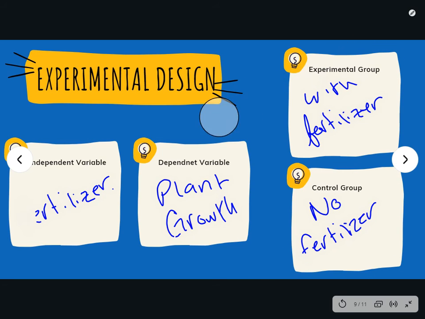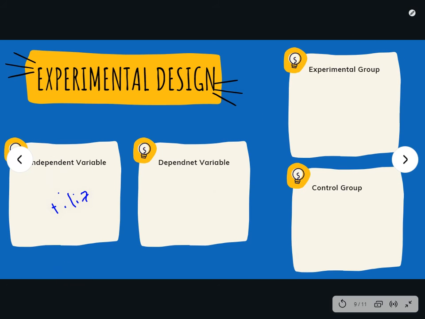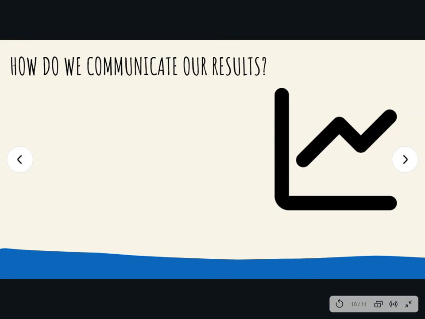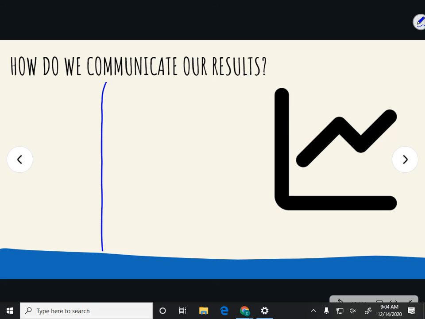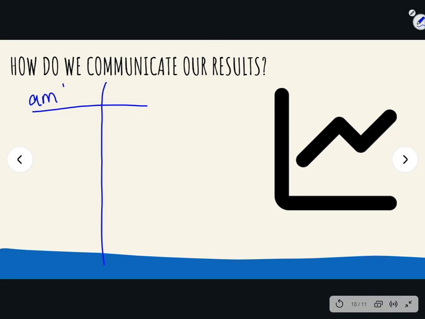We've carried it out, and now we have our data, right? So we have, let's say, the amount of fertilizer and our plant growth. So we have our y-axis and our x-axis. One of them has the independent variable and one of them has the dependent variable. Do you remember which one was which?